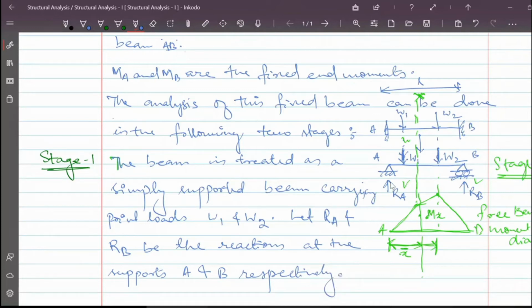So here, this RA is the reaction at support A and RB is the reaction at support B.